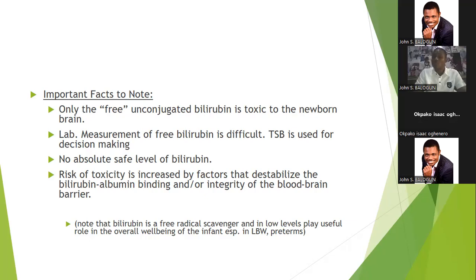Examples are the cephalosporins, especially ceftriaxone, and the sulfur-containing drugs. Also, anything that can alter the integrity of the blood-brain barrier, such as when a patient is acidotic, has respiratory distress or metabolic acidosis, can increase their risk of toxicity to bilirubin.